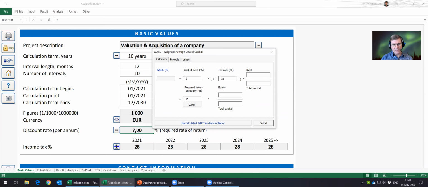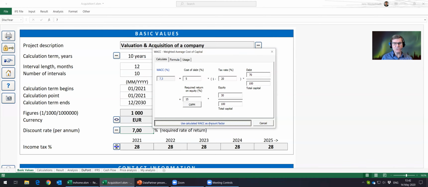So let's say they pay 5% interest on debt taken for the acquisition, and the buying part's company tax rate is 20%. And let's assume we put 70% debt out of 100 total. That leaves 30% equity. And if the required rate of return for equity is 15%, then actually we land at the weighted average cost of capital of 7.3%.